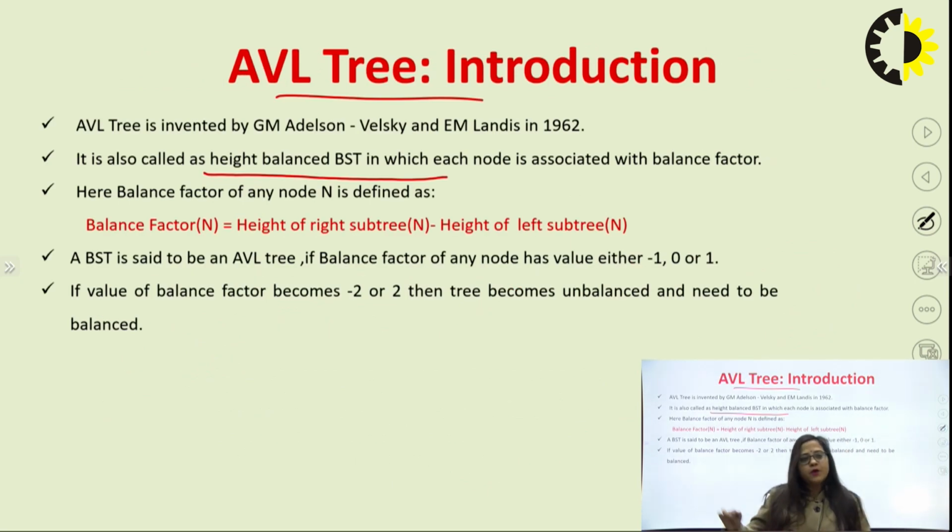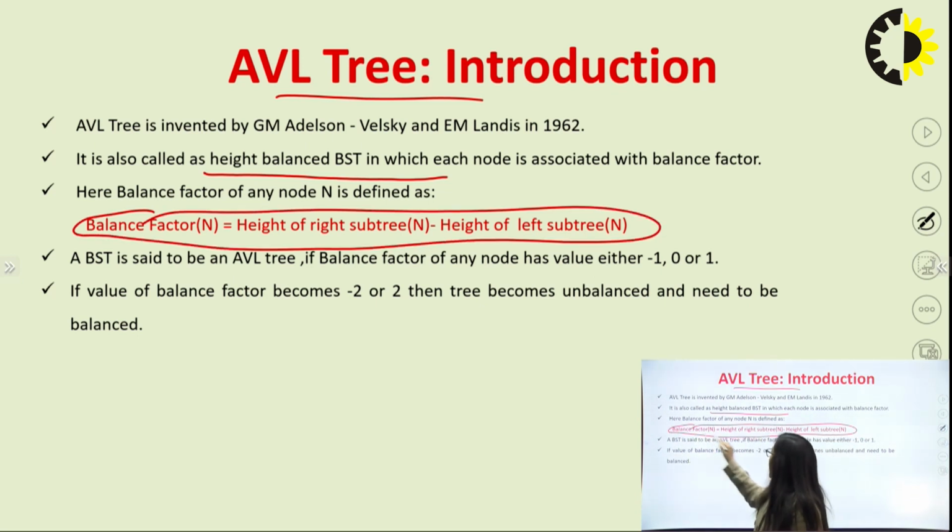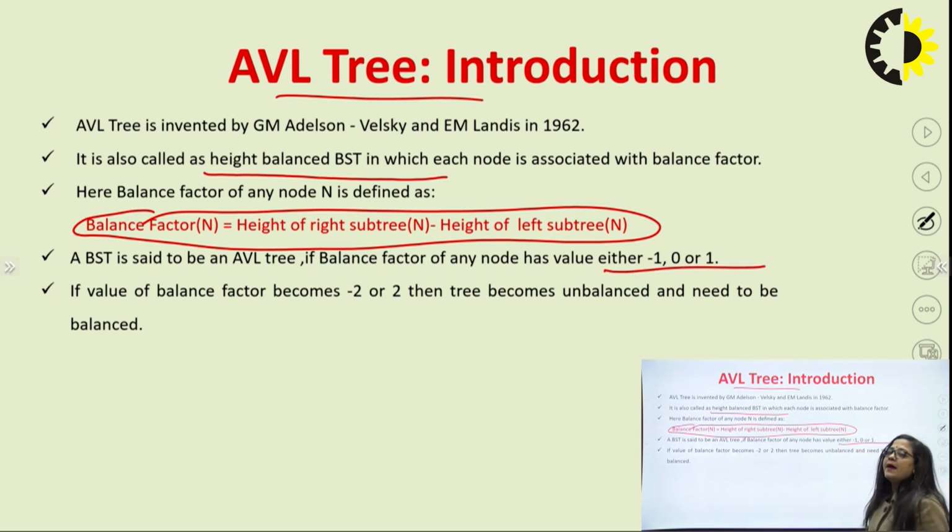How? By rotation operations. The balance factor of any node is defined by this formula: height of right subtree minus height of left subtree. A BST is said to be an AVL tree if the balance factor of every node has the value -1, 0 or +1.